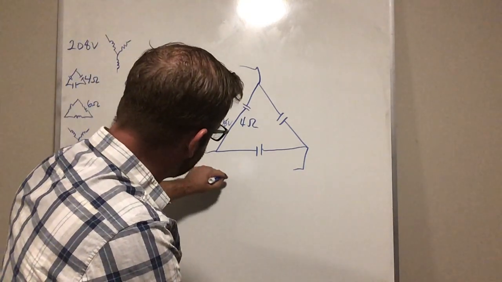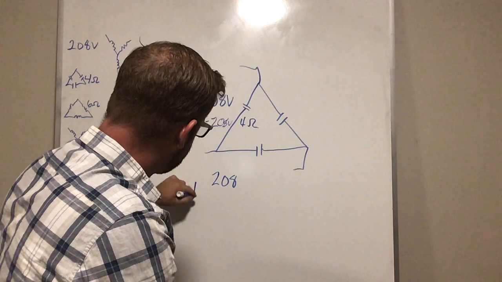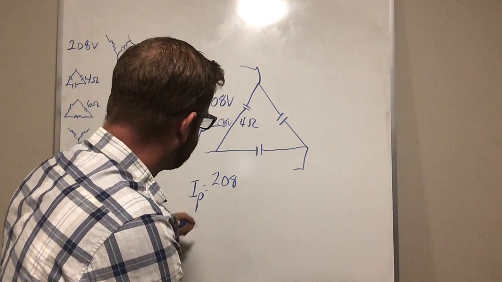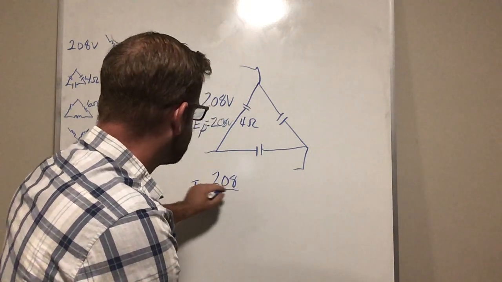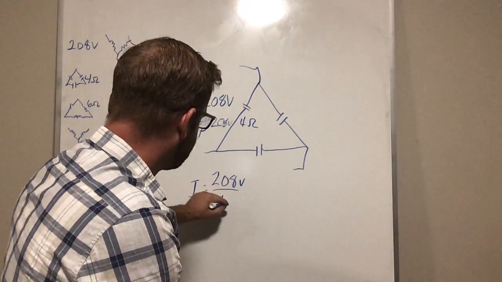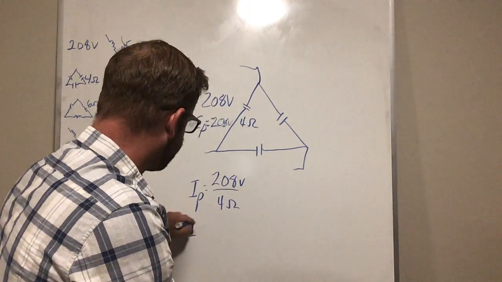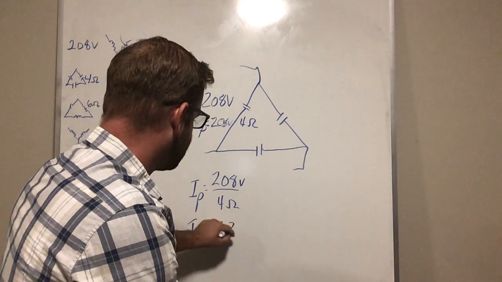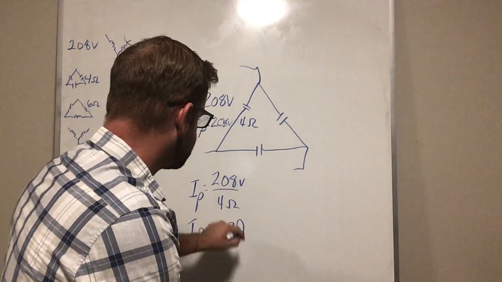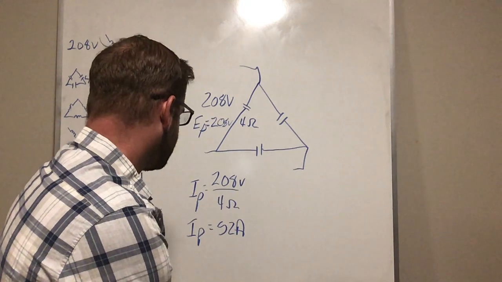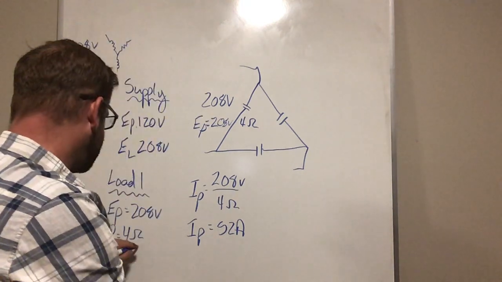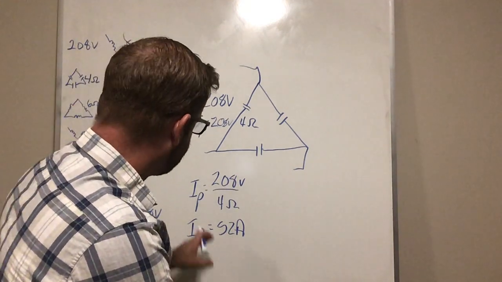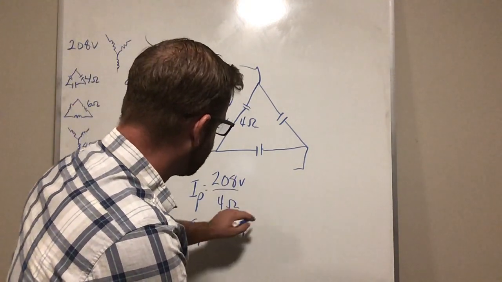We know volts divided by resistance gives us current. So 208 volts divided by 4 ohms gives us an I phase of 52 amps. So 208 divided by 4 should be 52. We get an I phase of 52 amps.